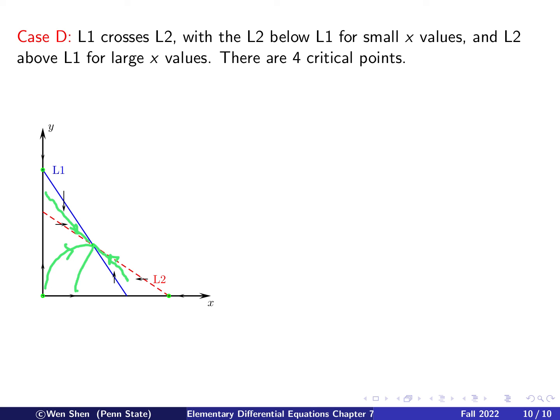And then the solution here is the same. Everything points in there. And then solution over here, you will come down, but then that's the only attractor that attracts you. And then solution here, you will come down and be attracted to that point. So it seems like everything is being attracted to the last critical point.